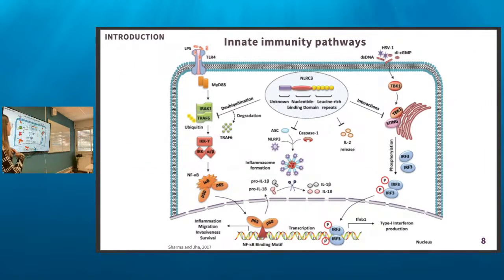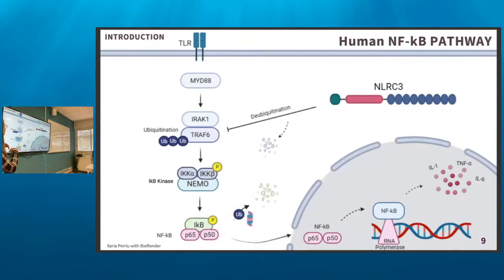Here we have a representation of the complexity of innate immunity pathways, but we will focus on this pathway, the TLR2 and NF-kB pathway. By having a close look at this pathway in humans, we can see that we have a toll-like receptor, TLR, which detects the pathogen, and this activates the pathway, which has a cascade effect, and releases the NF-kB and induces inflammation.